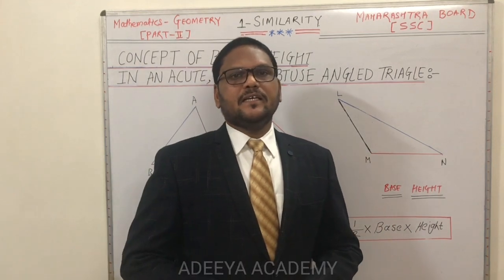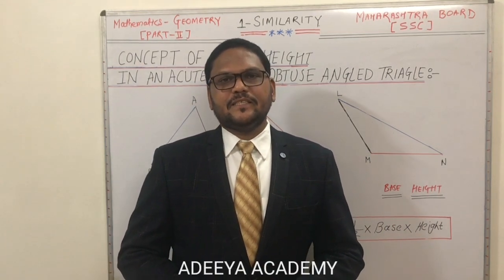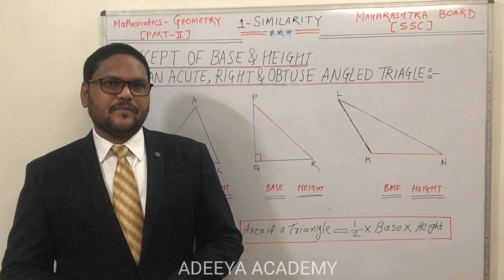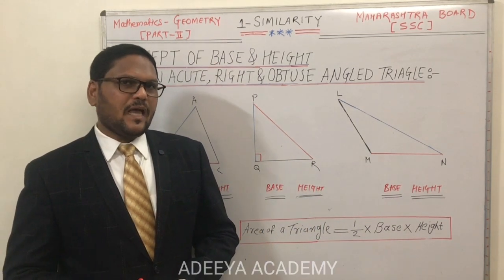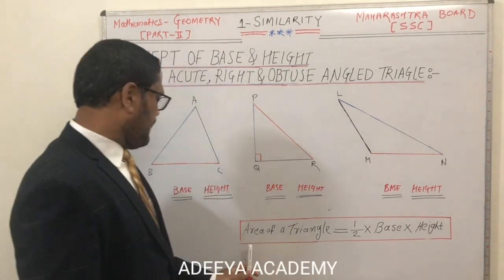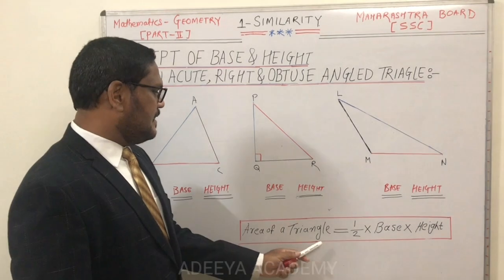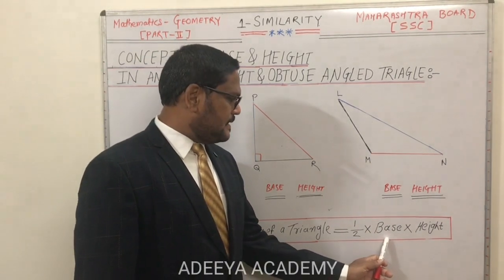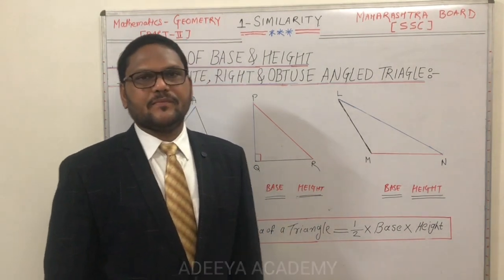Before we start anything in this session, let us first understand the formula of the area of a triangle. I know everybody would be knowing this. See here, area of a triangle is equal to 1 upon 2 into base into height.